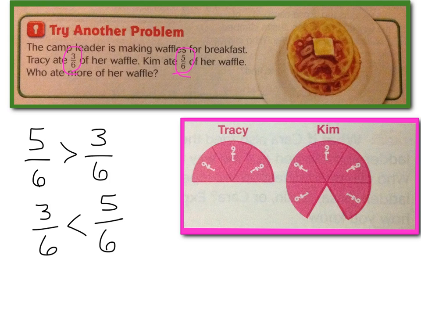Well, I know that the 1/6 unit pieces are all the same size. You can see that the denominators are the same. And I know that 5 is greater than 3. Therefore, 5/6 is greater than 3/6.